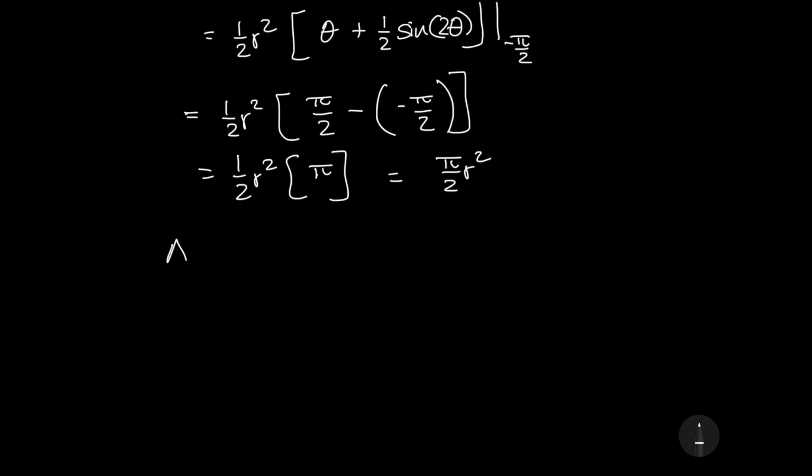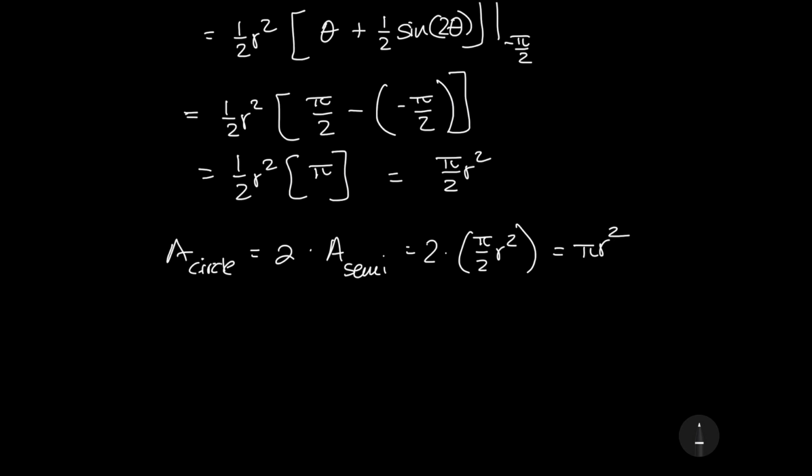The area of our total circle is equal to 2 multiplied by the area of the semicircle, which is 2 multiplied by pi over 2 r squared, which is equal to pi r squared. Therefore, we have just proved that the area of a circle is pi r squared.